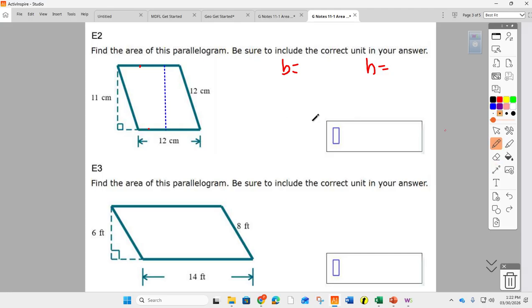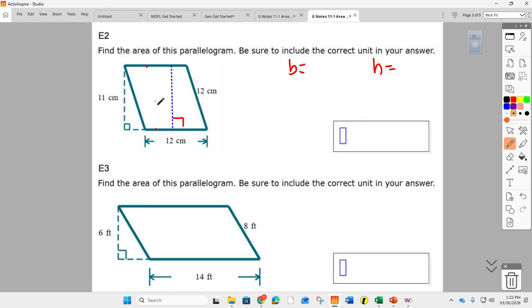Those are the same thing. It would still be 11. So the base is 12, and the height is 11. So once we've identified the base and height, we just plug in. I think it's 132 centimeters squared. Is that right? Yeah. Okay.